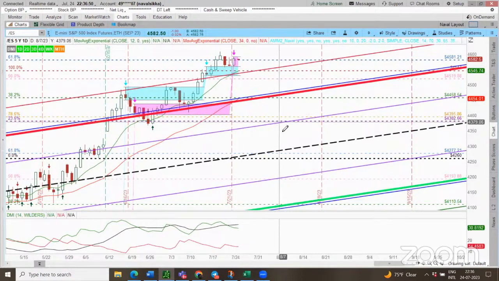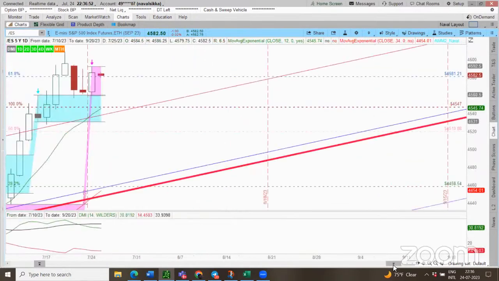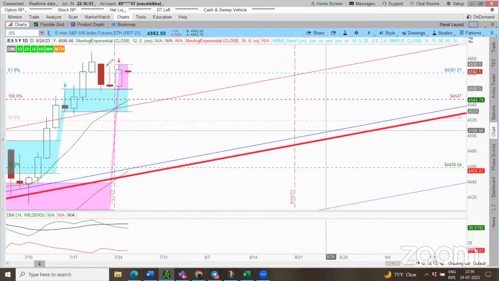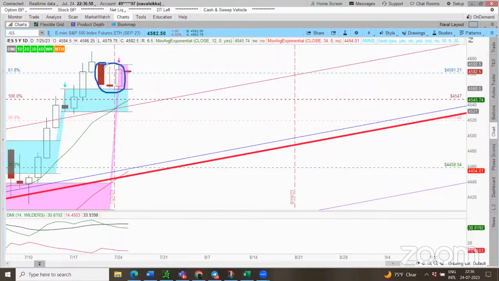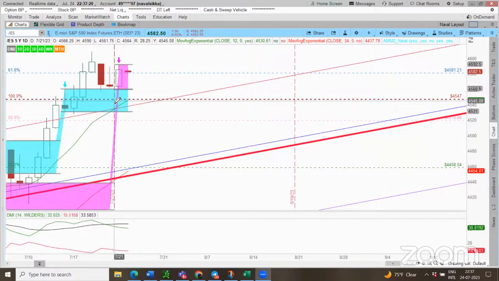Like if I increase the font size, yes, you see this is a setup of a morning star, where you have the left candle as a red candle, the middle candle as a doji, and the right candle is a big follow-up. But we are coming from bottom to up. At the high area, if you are making a morning star, I don't buy this. So I am a little reluctant on ES. So what I'm going to do is see one more day of choppiness, I expect.